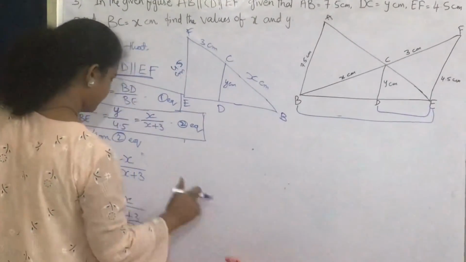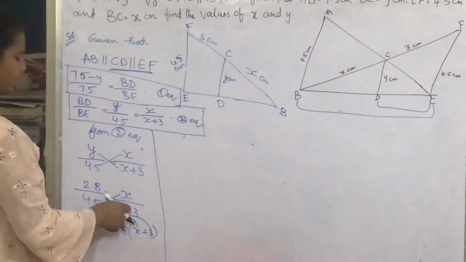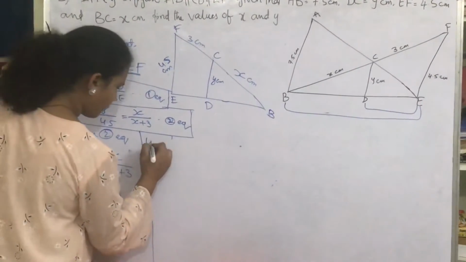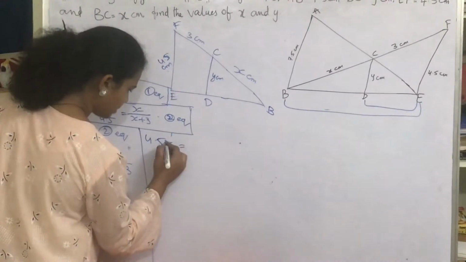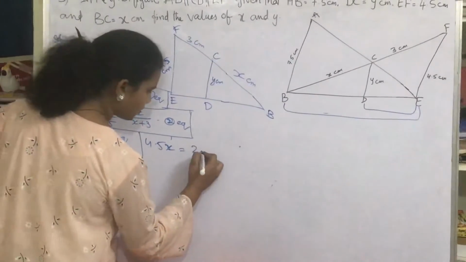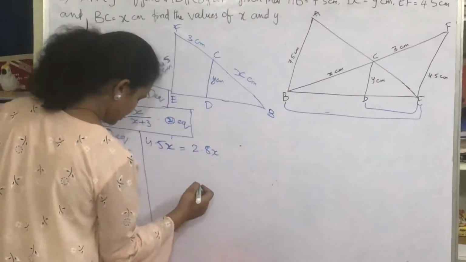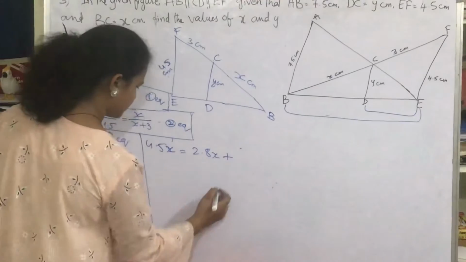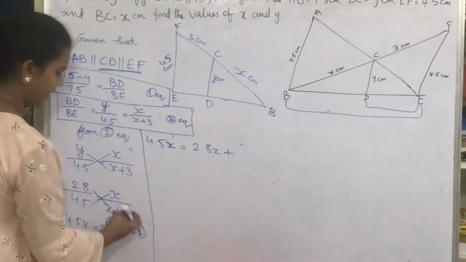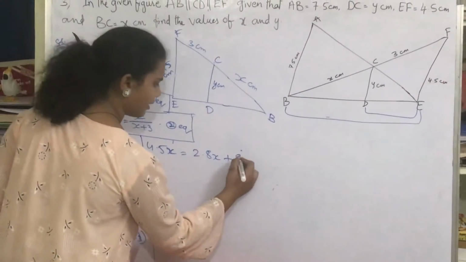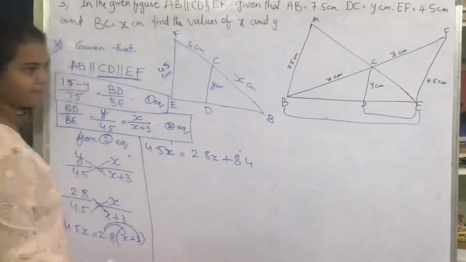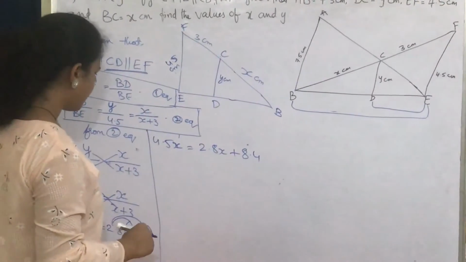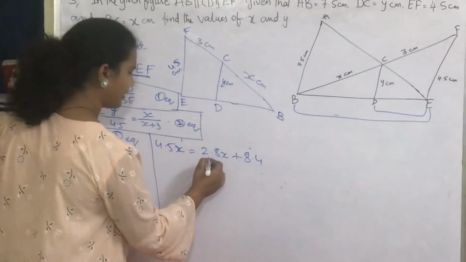This becomes what? 4.5x equals to 2.8 into x gives 2.8x, plus 2.8 into 3 gives 8.4. Now just transpose this 2.8x to the other side.